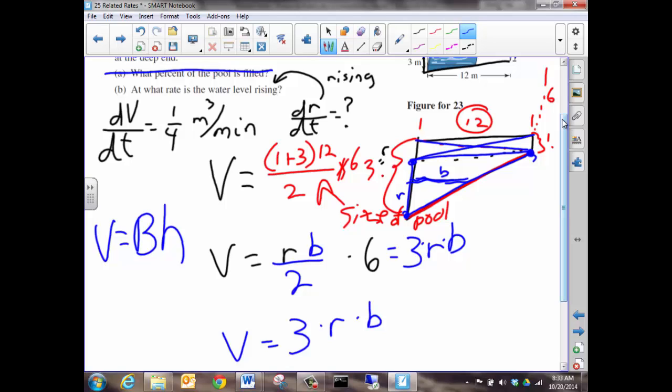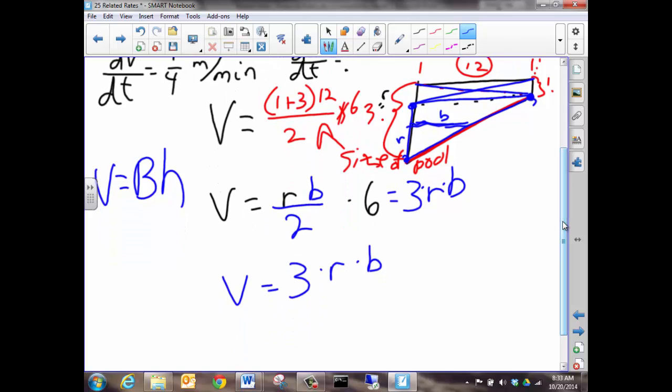This is one that's up at the higher end of the difficulty level from a project perspective, okay? Do we have a relationship between R and B? Do you think R and B are changing in a similar fashion? How are they changing?